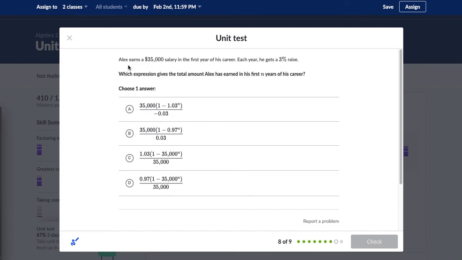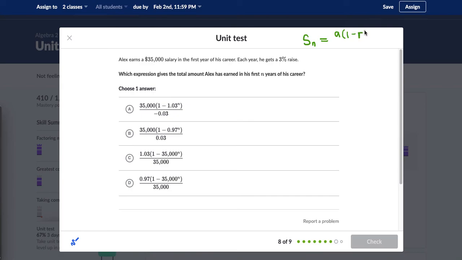There's a formula that goes along with it. So the sum of the first n terms of a geometric series is equal to the initial amount times 1 minus the rate of change, so the percentage, I suppose, right?